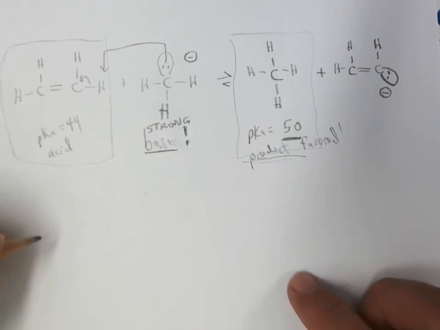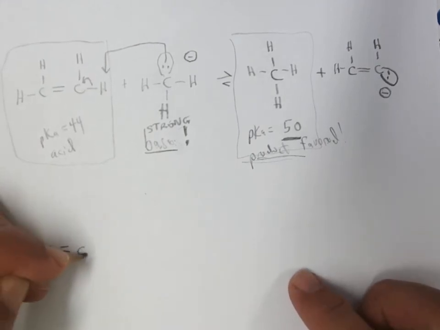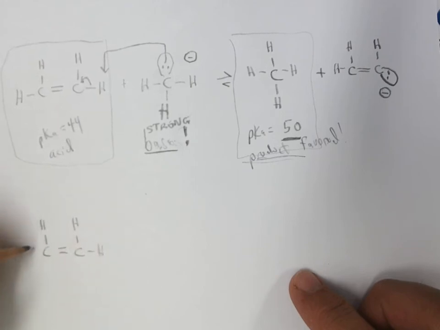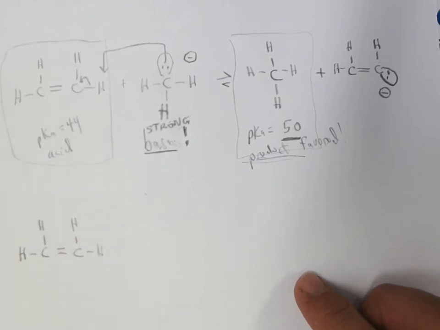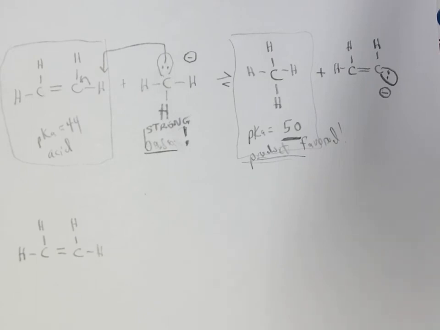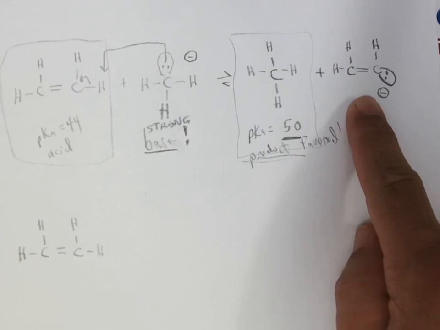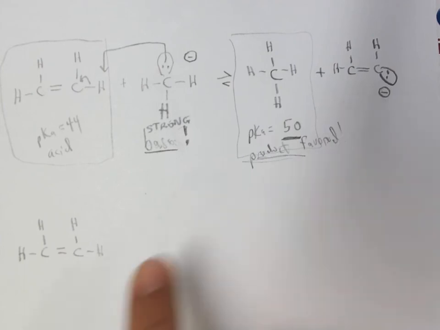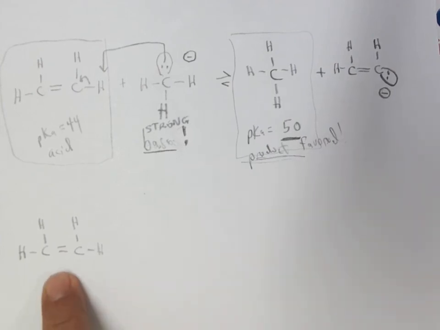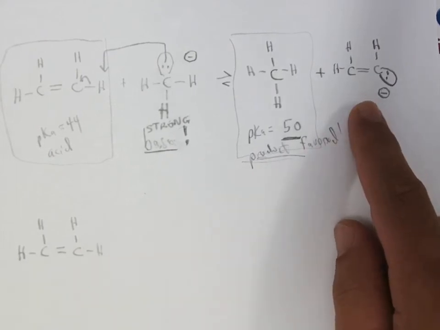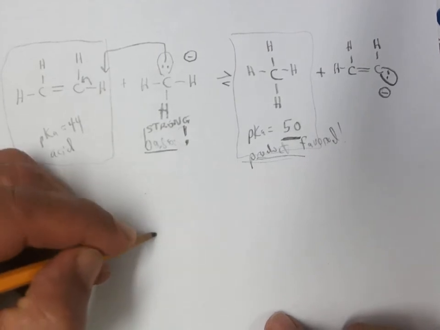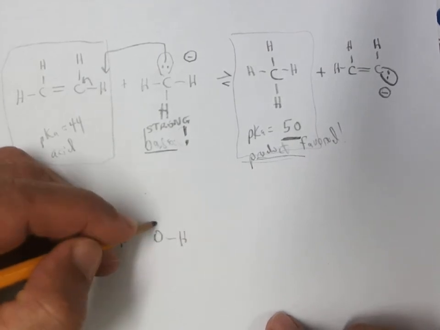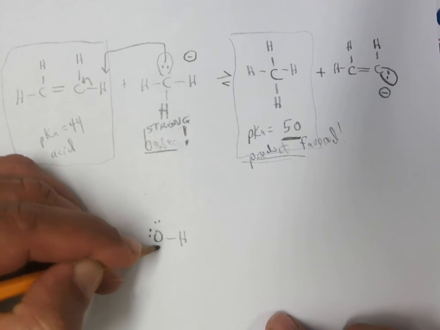Now, if you ask a new organic chemist, sort of a novice, to make the ethylide, or the ethide, I guess you'd call it, if you wanted to make this anion, and you said, okay, find something that'll deprotonate this molecule so you'd get this ion, a lot of people would think, oh, okay, so I just need a strong base like hydroxide, right?